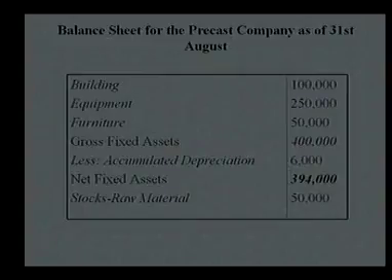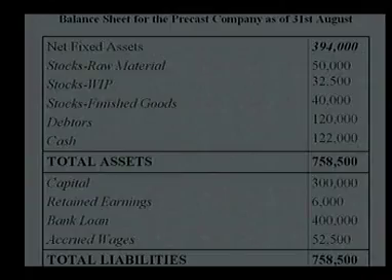Now, stocks of raw material is available with me for a value of 50,000. Now, this same thing has been consolidated here. You can see it starts with net fixed asset valued at 394,000, raw material stock 50,000, work in progress stock 32,500, finished goods stock 40,000, debtors 120,000, cash 122,000.